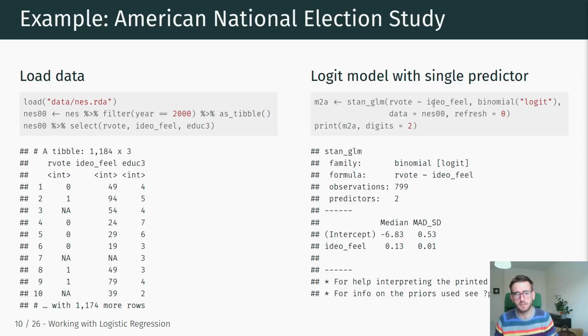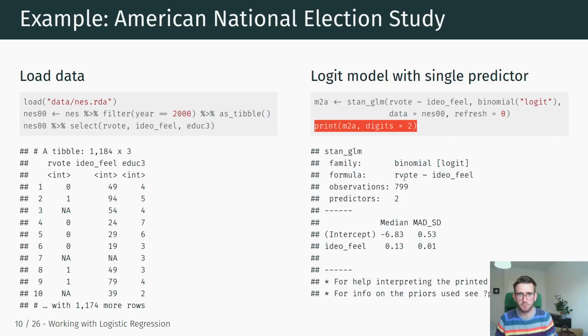So this is our single predictor, and we have our basic model formula. R vote is the outcome, the ideological feeling thermometer is our predictor. We specify the link function, and that this outcome is binomial, and base this on our 2000 data.